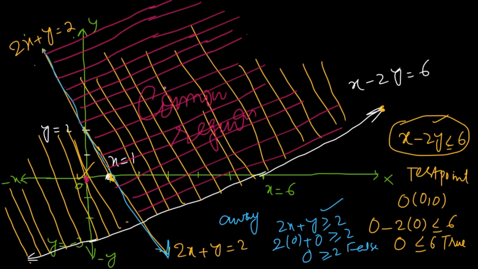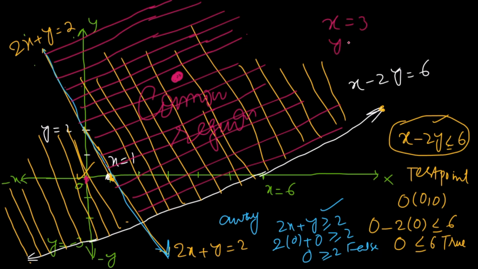Every point of this common region will always satisfy both of the inequalities. Suppose, as you can see, some of the area of this common region lies in the first quadrant.